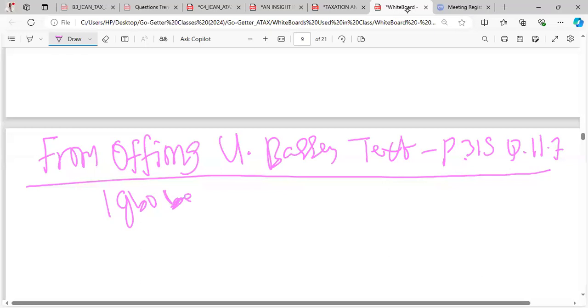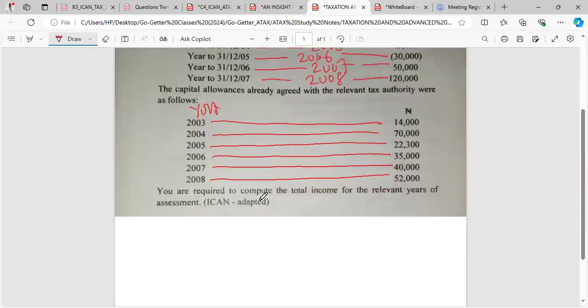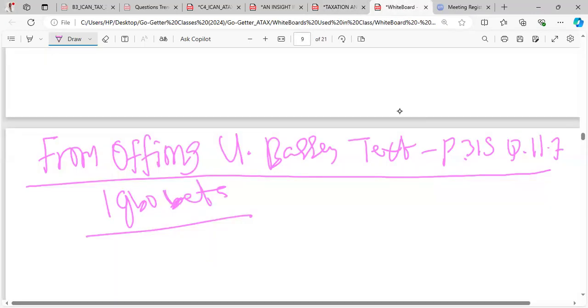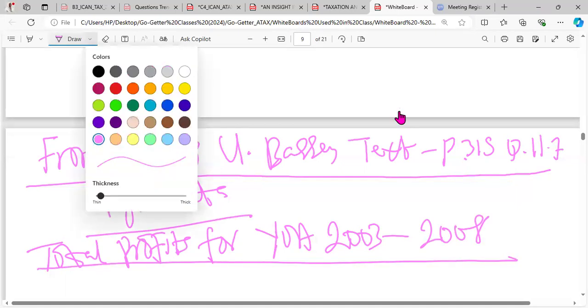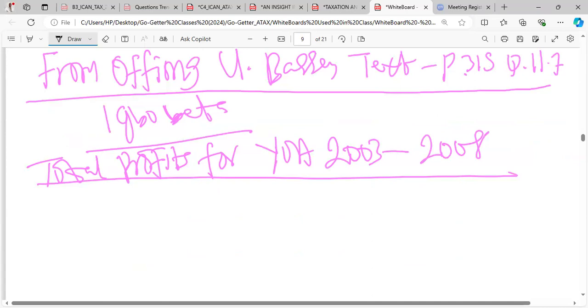So we are looking for total profit for years of assessment 2003 to 2008. All right. So let's get it done now.